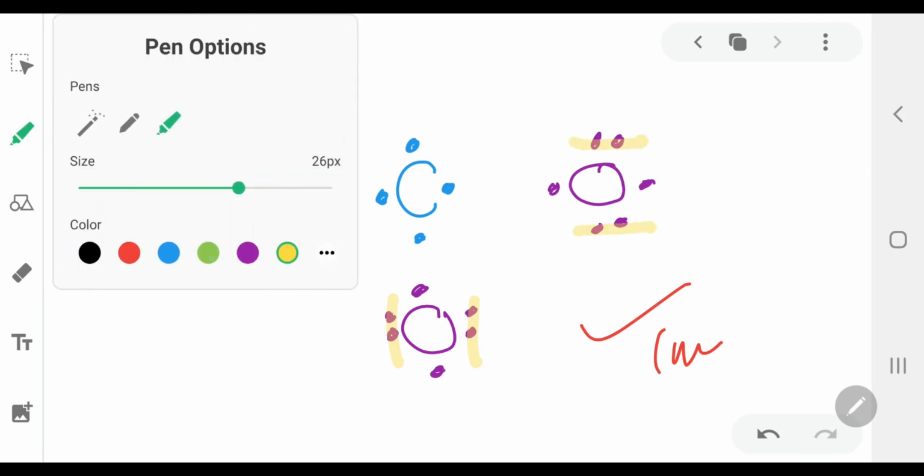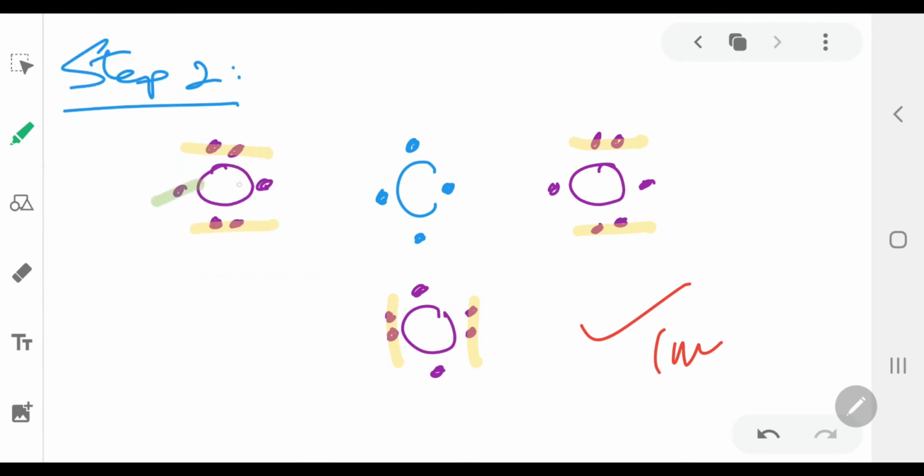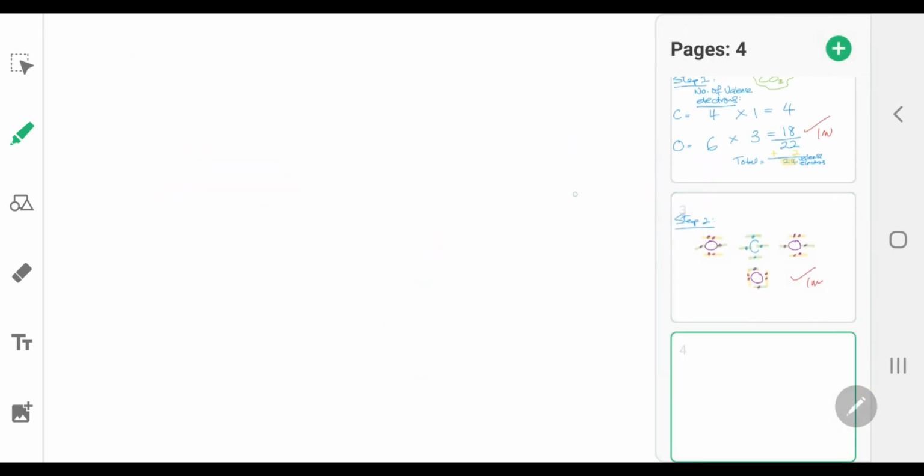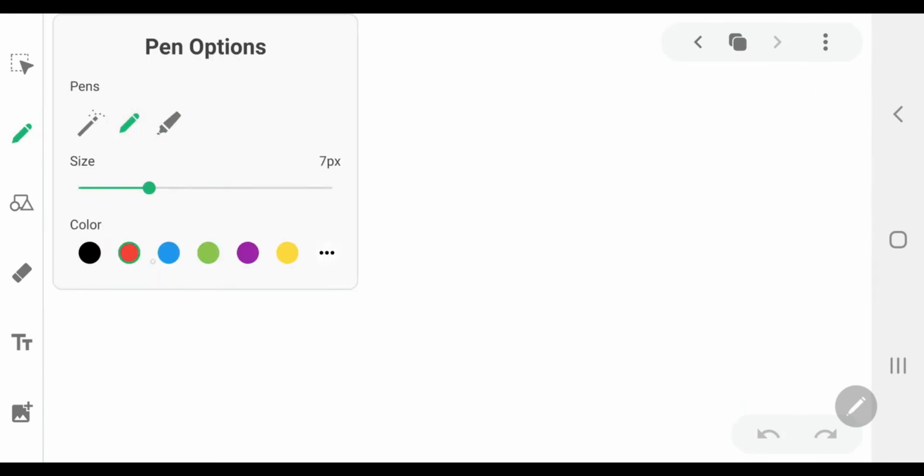And then what you have here are unpaired electrons. So at this stage, step 2, you do not have any bonding pair yet, like what we have talked about for the non-resonance structures. So in step 3, we're going to try to draw the bonding pair.